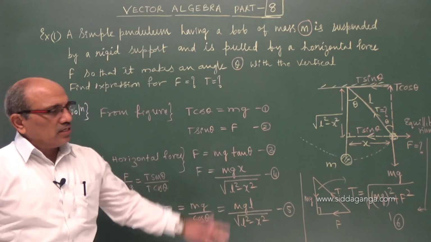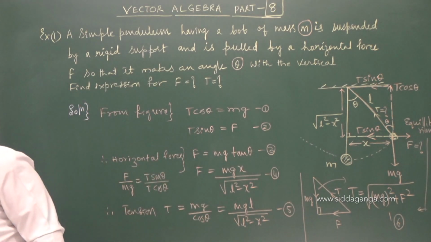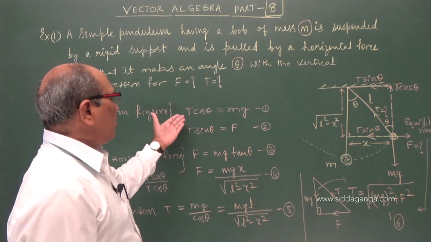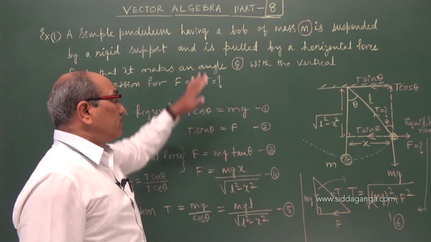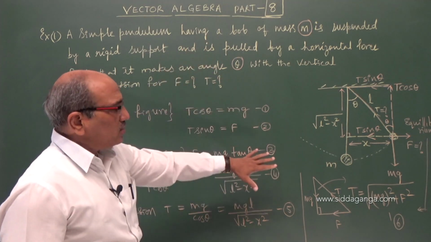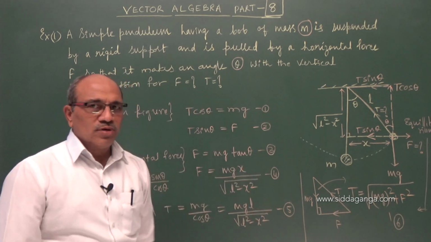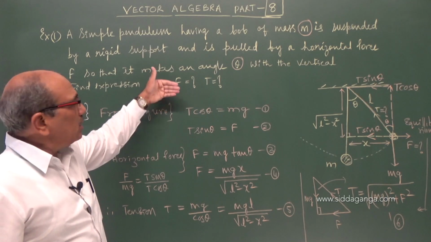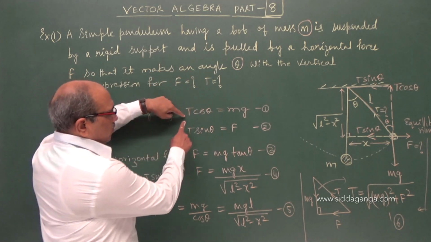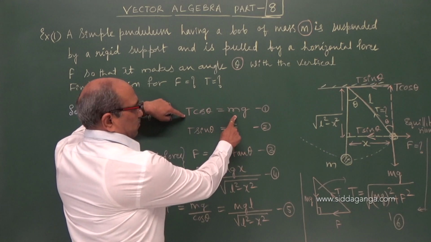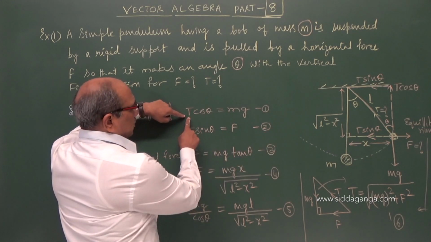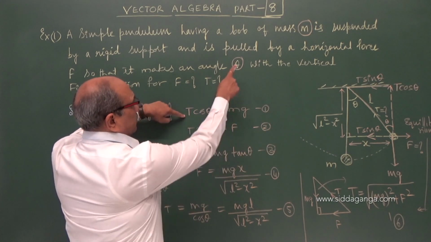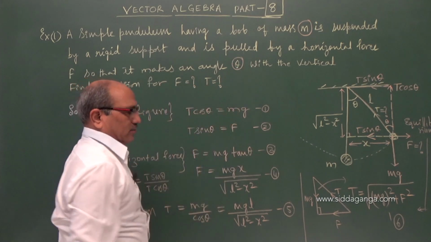See, we got different relations with the pendulum. Whatever they give, whatever may be asked, with these 6 relations we can get whatever data they ask. Here F and T: formula 1 gives you the T value. So T equal to mg by cos theta; theta is given, m is given, g is known, so it is over.